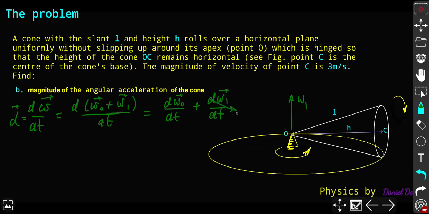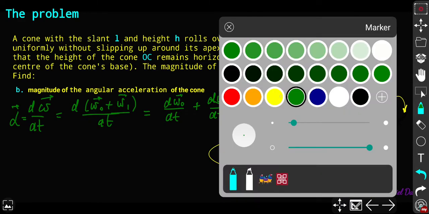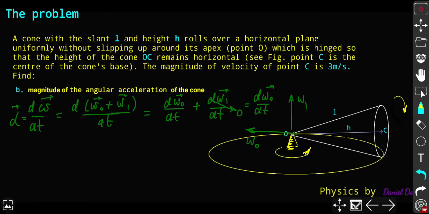All right, and we need to differentiate d omega 0 over dt. Omega 0 is directed along OC in that way. Many students would say that because it's uniform, the linear velocity of point C remains the same, so d omega over dt becomes 0.